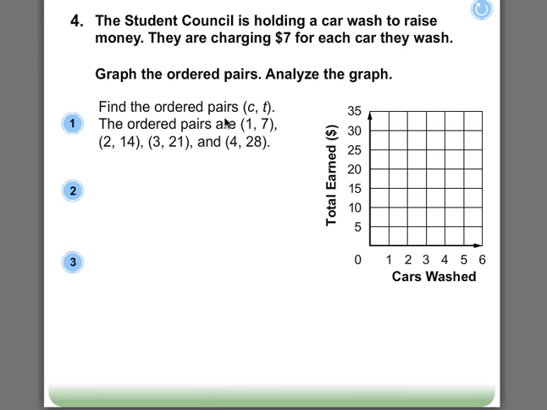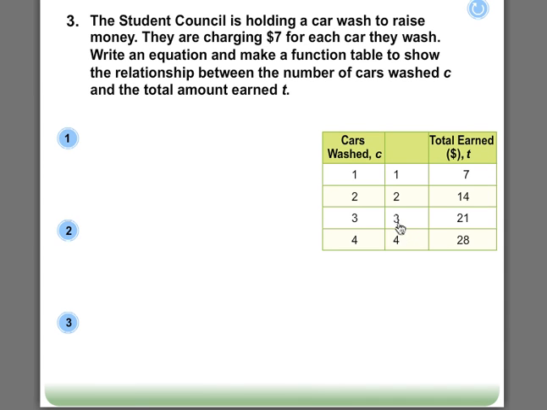So the ordered pairs are 1 and 7, 2 and 14, 3 and 21, and 4 and 28. I'm just going to hop back to that last screen so you can see it again. Here we have 1 and 7, 2 and 14, 3 and 21, 4 and 28. That's where those numbers are coming from, in case you weren't aware.